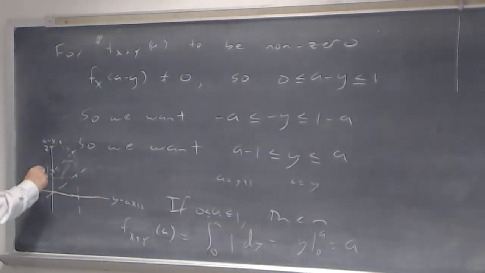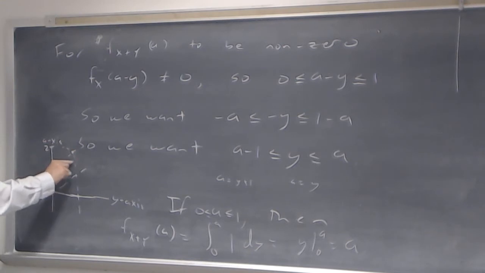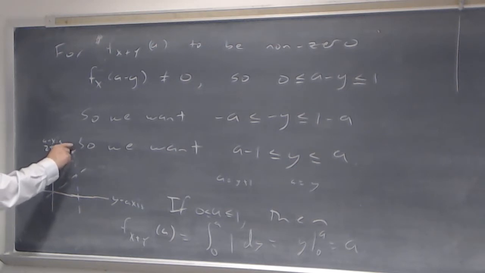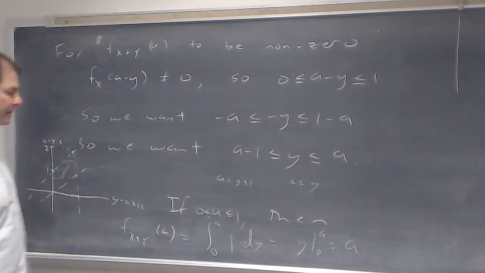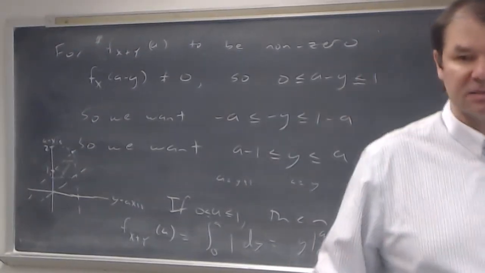Okay. Now, before I move over, for a fixed a in between 1 and 2, that's what we're going to consider now. The y values will run from this line, which is a minus 1, to this line, which is y equal to 1. So I'll write that down next.